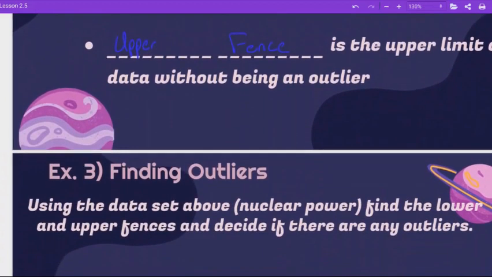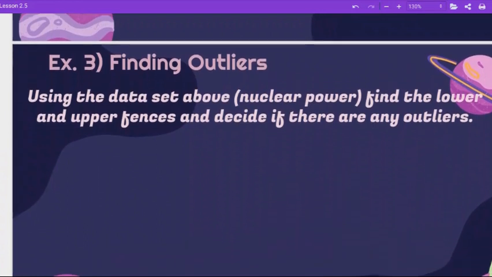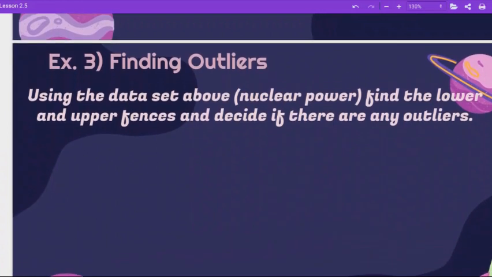Okay, so still using the data that we've been using to find our outliers, the lower fence. The lower fence is going to be quartile 1 minus 1.5 times the interquartile range. So that's our formula for the lower fence. It's always that. And so we will have 10, which was our Q1, minus 1.5 times 21, the interquartile range.